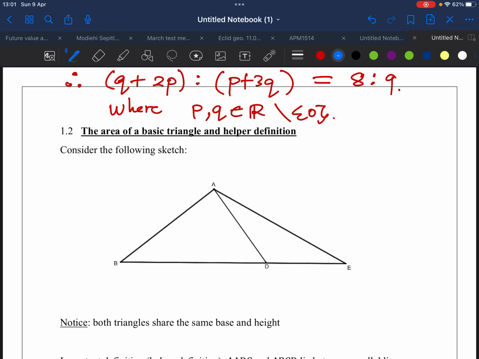So now I can construct the line from A to maybe a point here. Okay, so I see that this is a perpendicular line. So now we have our base from B to D. There we have our base, and also from D to E we also have a base there.